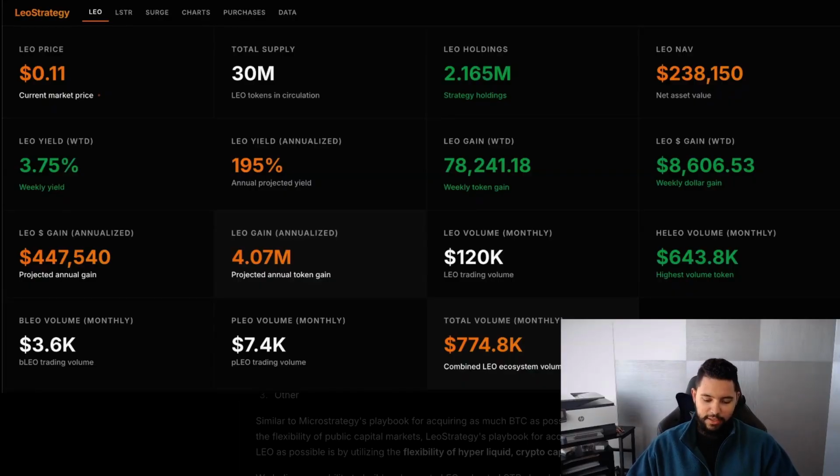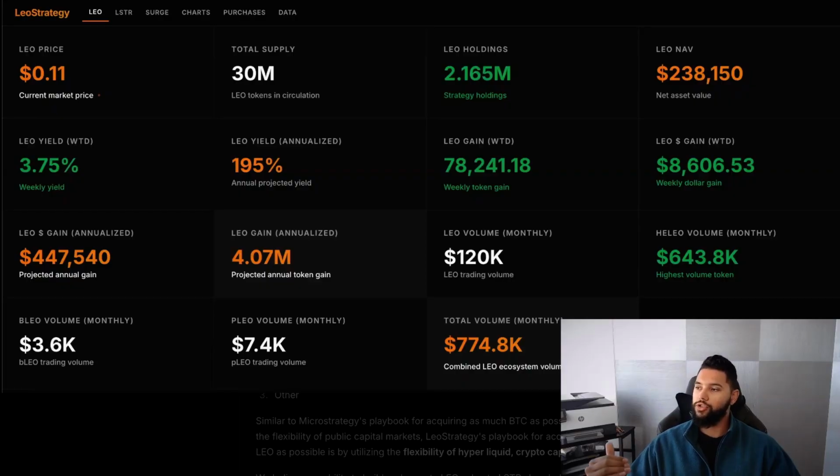What gets really fascinating there is any revenue generated by LeoStrategy, whether it's market making revenue or revenue from LSTR.voter, or Leo collateralized loans or whatever they end up building in the future, any of that revenue that is used to purchase Leo is adding Leo per share to LeoStrategy at a $0 cost of acquisition, because essentially it's some sort of automated service that is providing value and earning revenue and using that revenue to buy Leo.